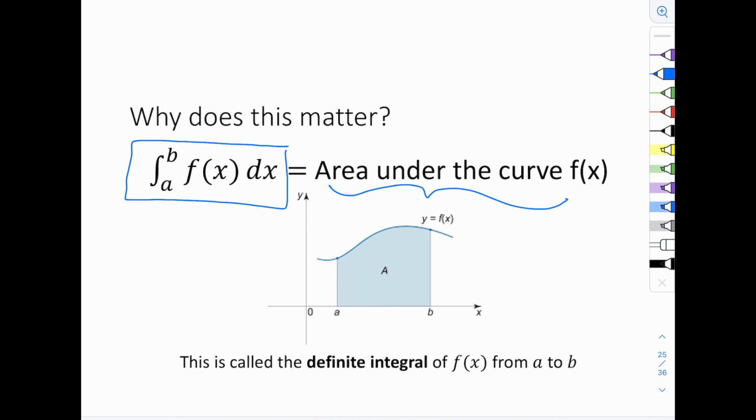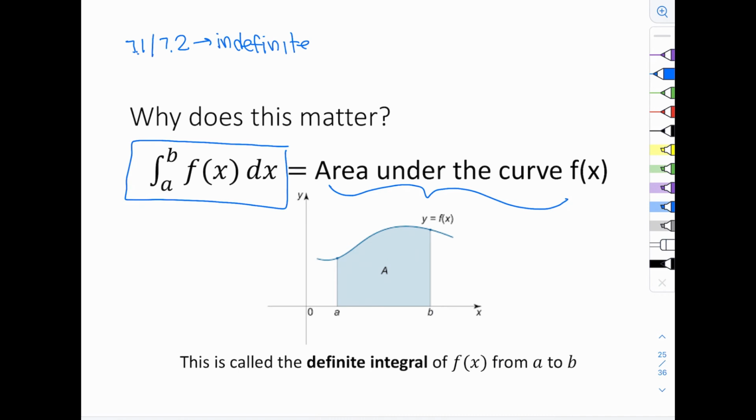There's a little bit of a change of wording here, because in 7.1 and 7.2 we talked about something called the indefinite integral. Whether we're talking about an indefinite integral or a definite integral, all the rules for integration are the same.